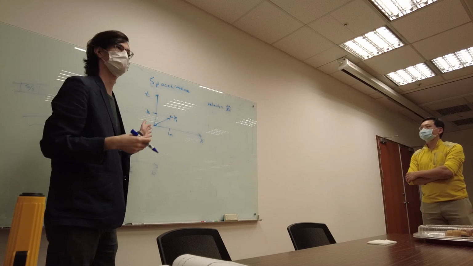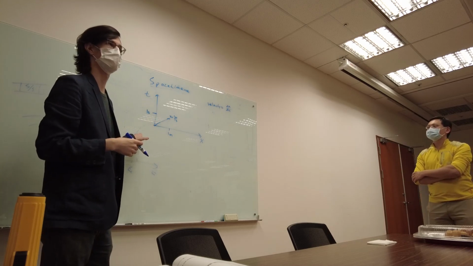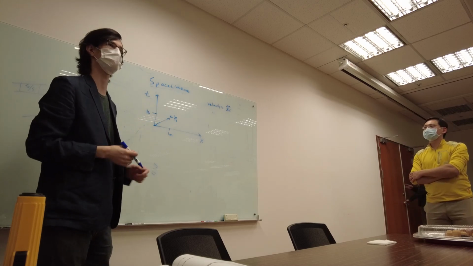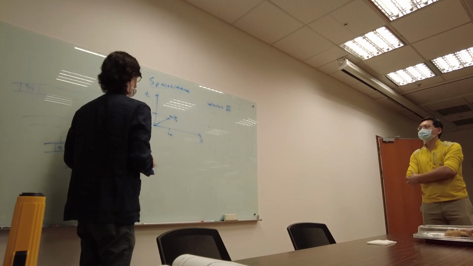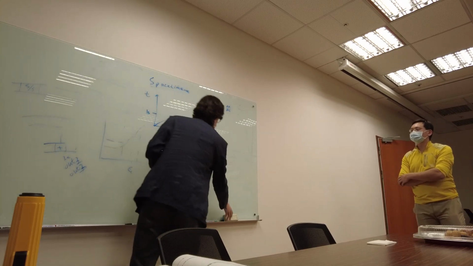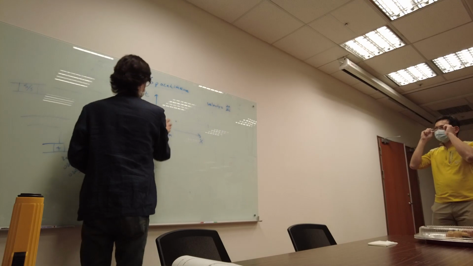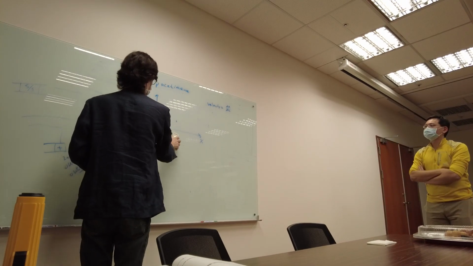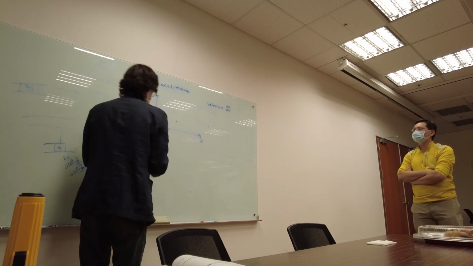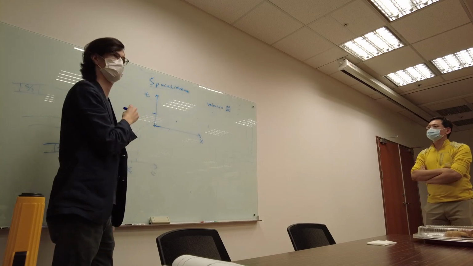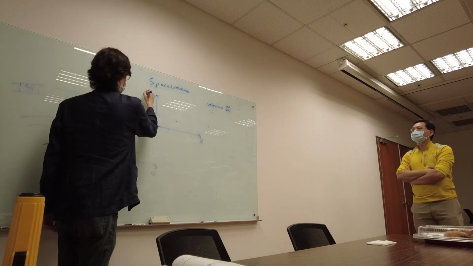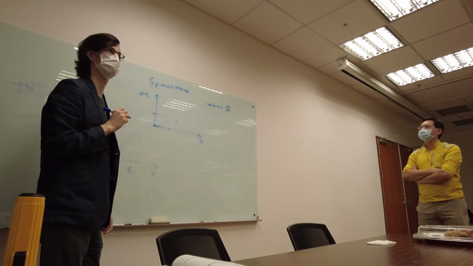And so we want to change the units on the diagram to be able to show the speed of light better. What we can do is change the units of time so that they're in units of the speed of light. So we just multiply by c.